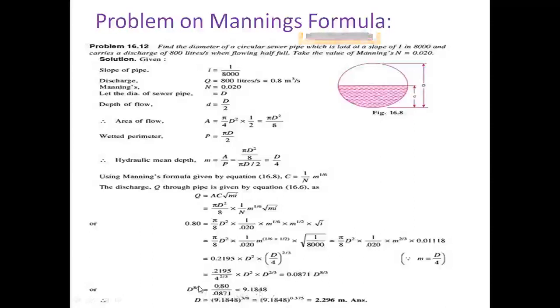You transfer the power value to the right side, so this value is reversed: 9.1848 power 3 by 8. So finally the d value is getting as 2.296 meters.